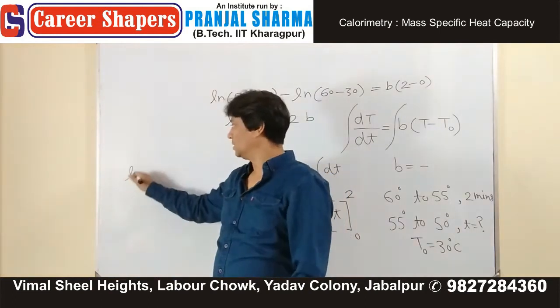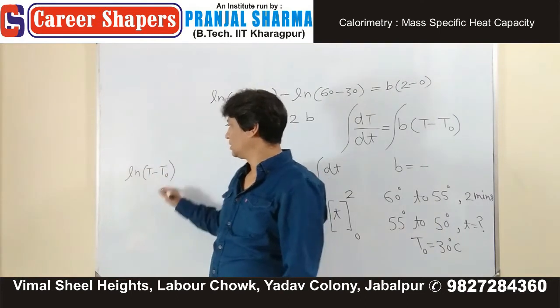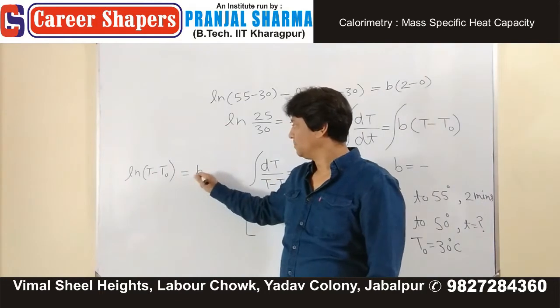Now, next time when temperature drops from 55 to 50, we can use the same setup. We'll write log of t minus t naught. On the right hand side it will be bt.